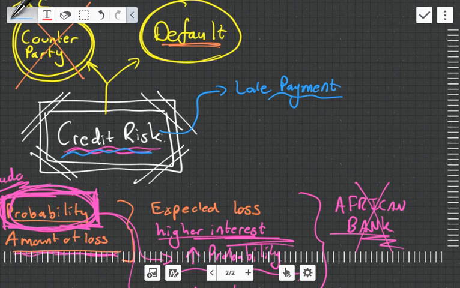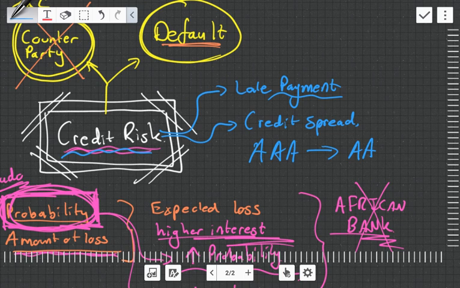I mean, another one which some people consider a market risk and other people consider a credit risk is a change in a credit spread. Credit spread is when you go from a AAA rating down to, say, a AA rating. That reduction in your credit rating is referred to as a credit spread, and that can change the value of your bond.